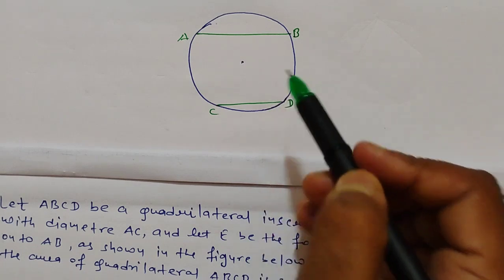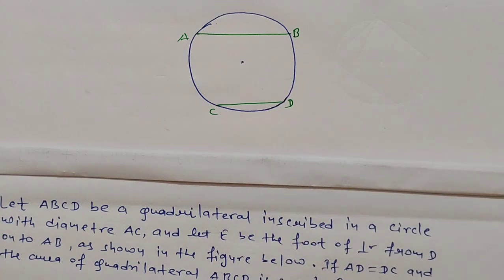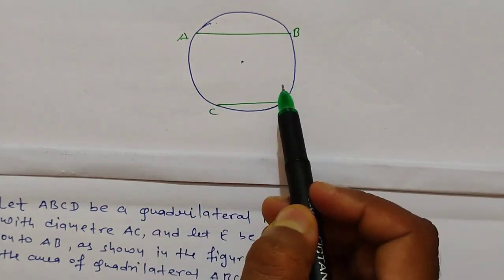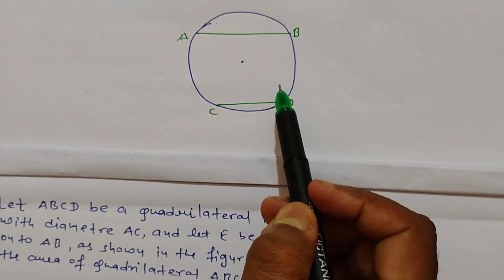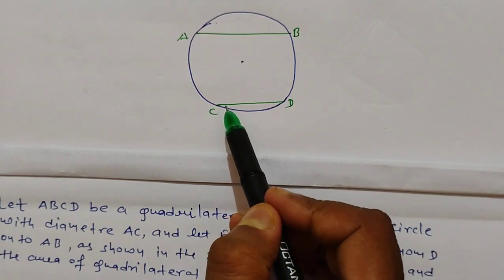And also it is given that AB and CD are parallel.